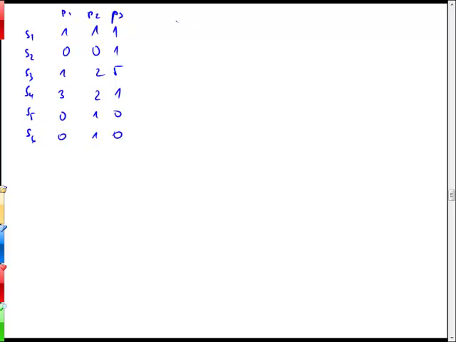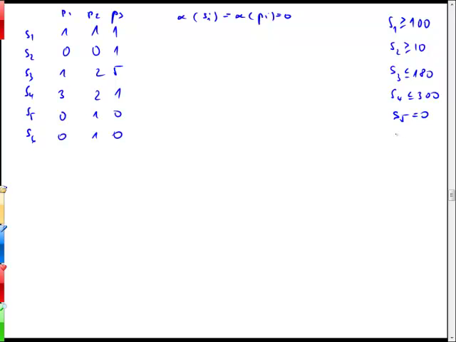We have the same initial tableau, and the bounds are similar. S1 is larger or equal to 100, S2 is larger or equal to 10, S3 is less or equal to 180, S4 less or equal to 300, and S5 is 0, and S6 is larger or equal to 5.